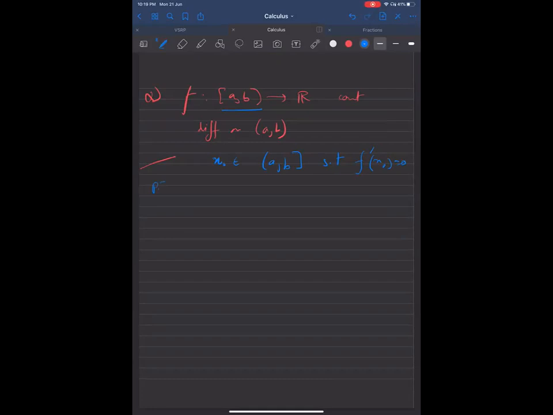Then prove that there exists some t in (a, b) for which f prime of t is equal to (f of b minus f of a) by (b minus a).